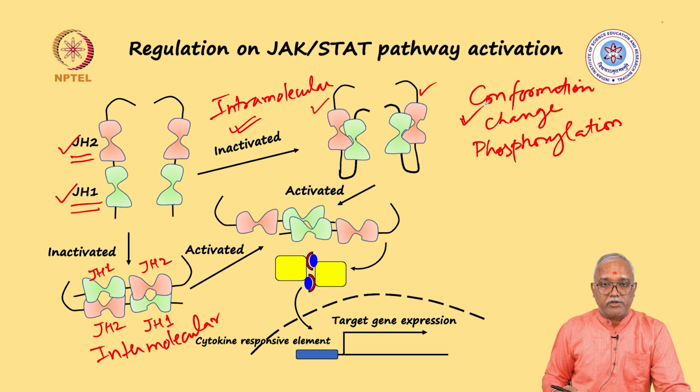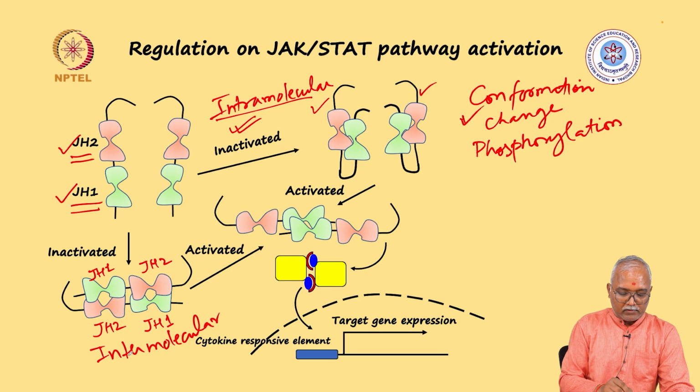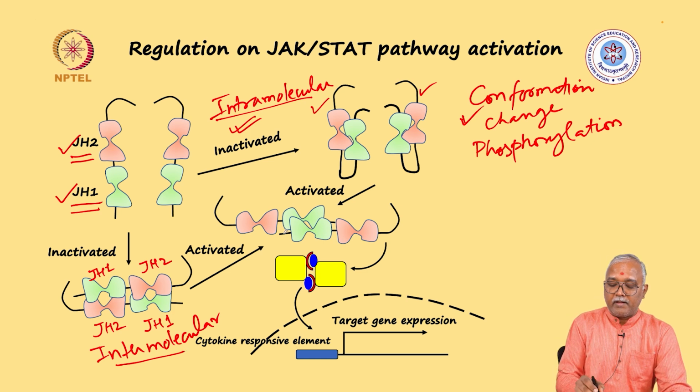So what conformational change are you expecting here? That this kind of intramolecular or this kind of intermolecular inhibition which was there will be relieved. So basically, you will get an arrangement from either this or this scenario to an activated state where the JH1s will come and pair.